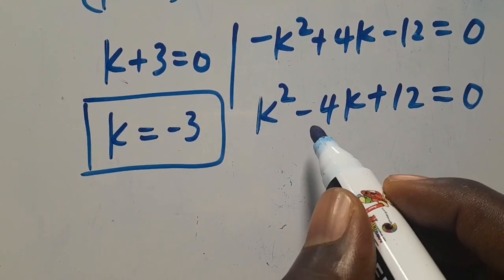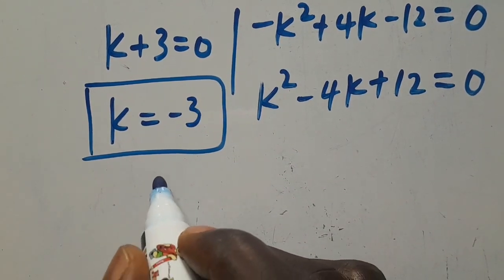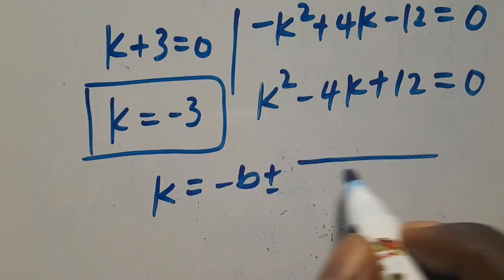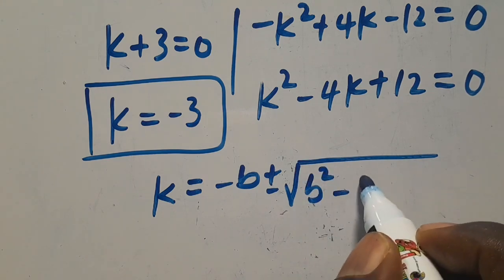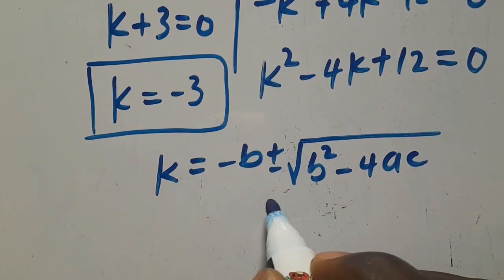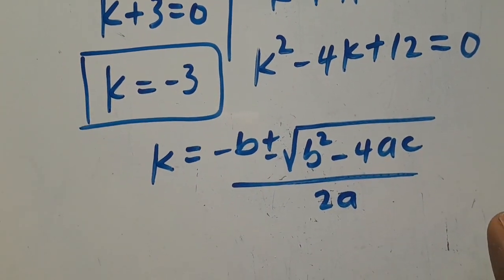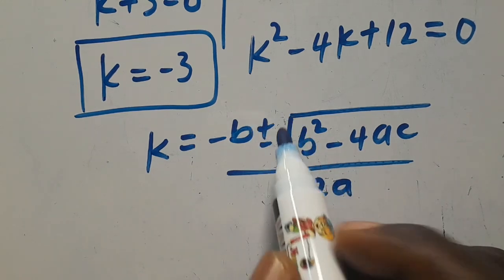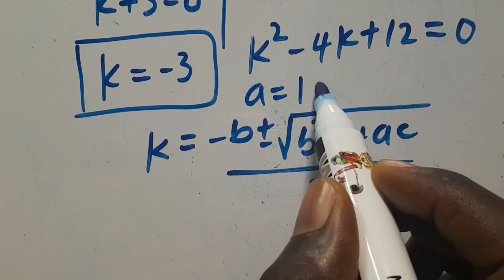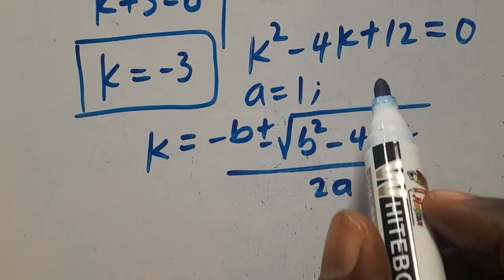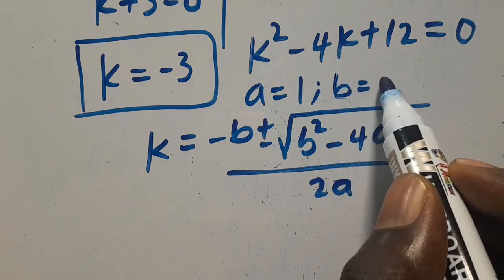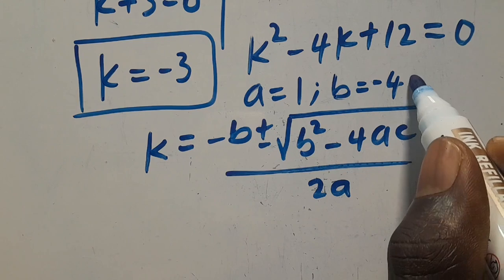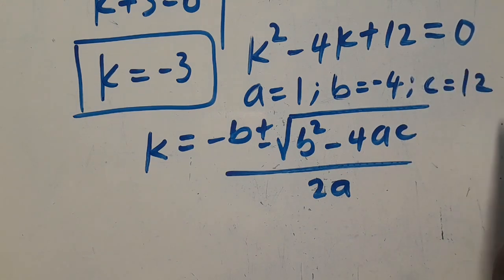So to get the possible values of k for this, we can apply the quadratic formula that says k will be equal to minus b, positive or negative, square root of b squared minus 4ac, divided by 2a, where we are going to have the parameter a as the coefficient of k squared. A will be equal to 1, while the parameter b is the coefficient of k, which is minus 4. B will be equal to minus 4, while the parameter c is the constant of the quadratic expression. C will be equal to 12.